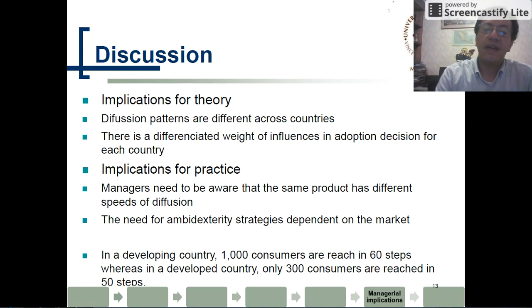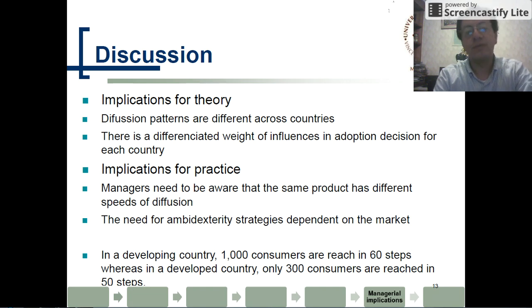And now, the implications for practice. These results show that managers need to be aware that the same product has different speeds of diffusion. So this leads to the need for managers in multinational and even local companies to use ambidextrous strategies that depend on the market size and features.